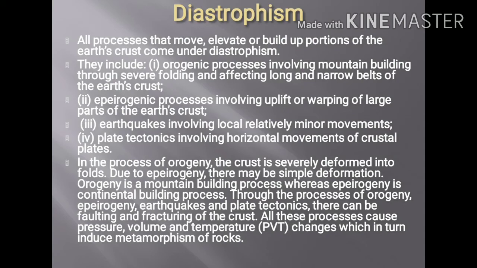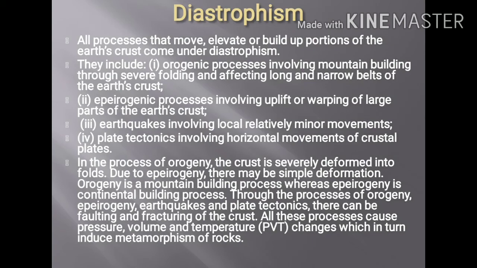In the process of orogeny, the crust is severely deformed into folds. Due to epeirogeny, there may be simple deformation. Orogeny is a mountain building process, whereas epeirogeny is a continental building process. Through the processes of orogeny, epeirogeny, earthquakes and plate tectonics, there can be folding and fracturing of the earth.